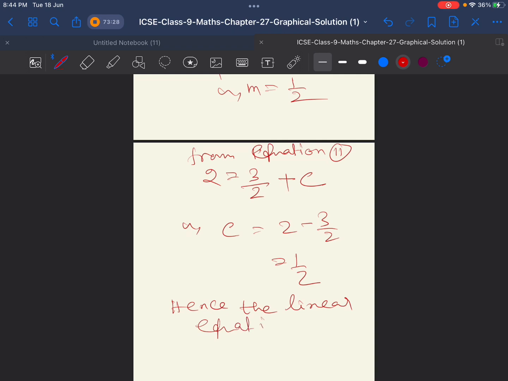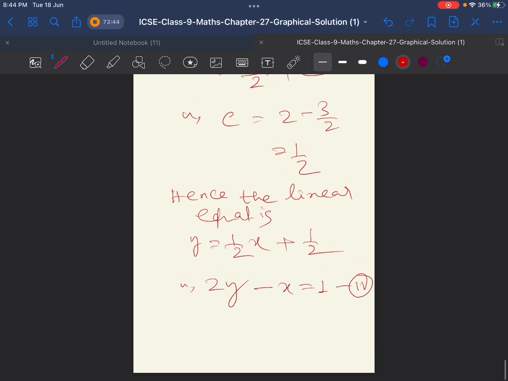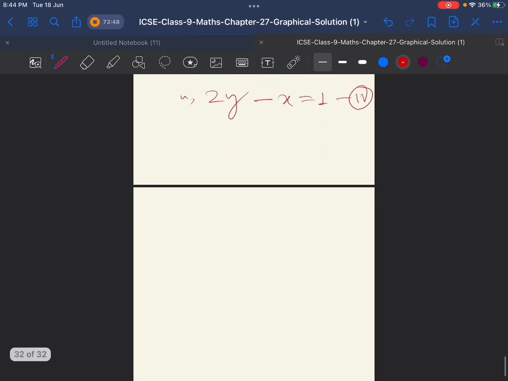Hence the linear equation is y equals 1 by 2 x plus 1 by 2. So this is 2y minus x equals 1. This is the equation 4.